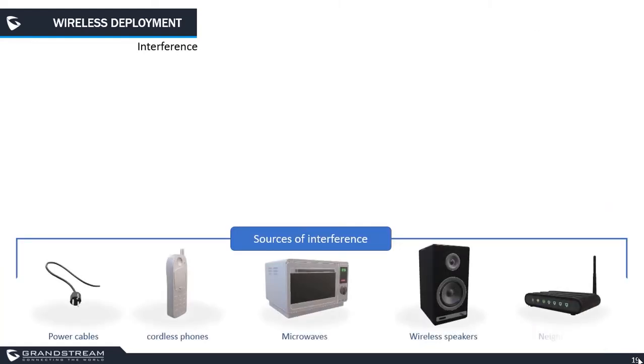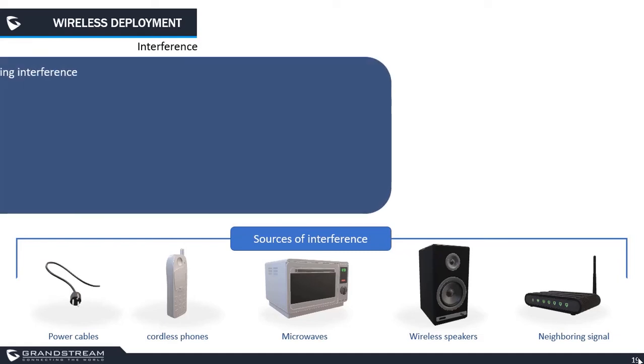So another topic in the wireless environment is interference, and there are many devices that can cause interference in your wireless network. This ranges from power cables, cordless phones, microwaves, wireless speakers, to neighboring signal from other routers in the same area.